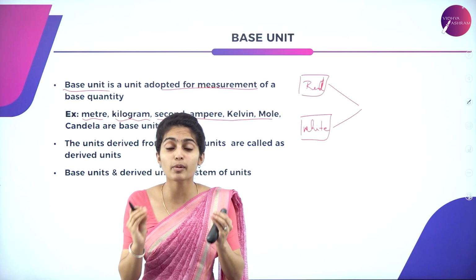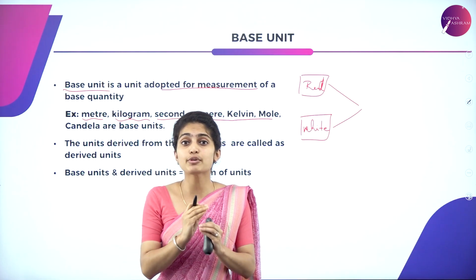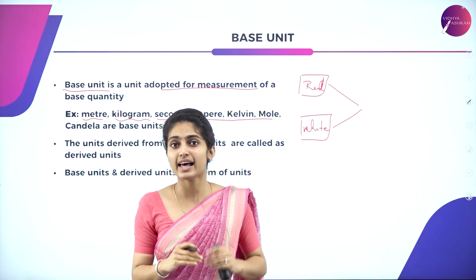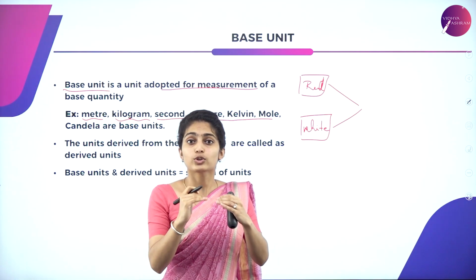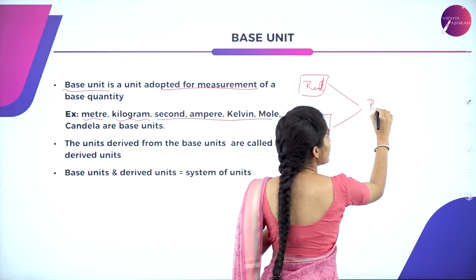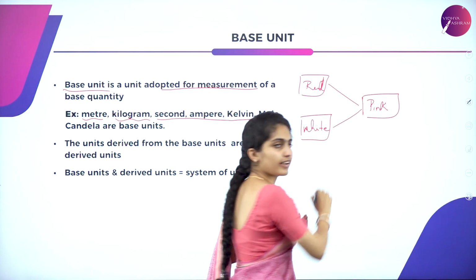You require a pink color, but you don't have a pink color with you right now. They have given you red paint as well as white paint. So what do you do? You just mix it up. On mixing, you will be getting a pink color, right?